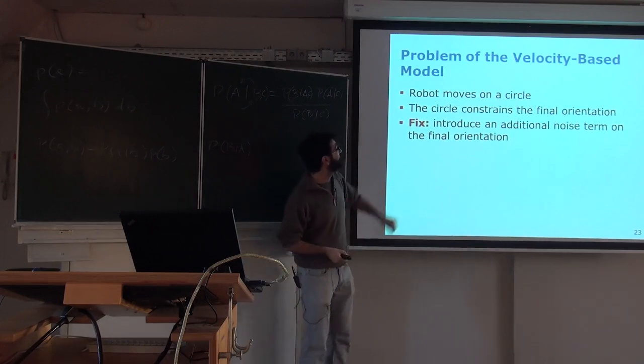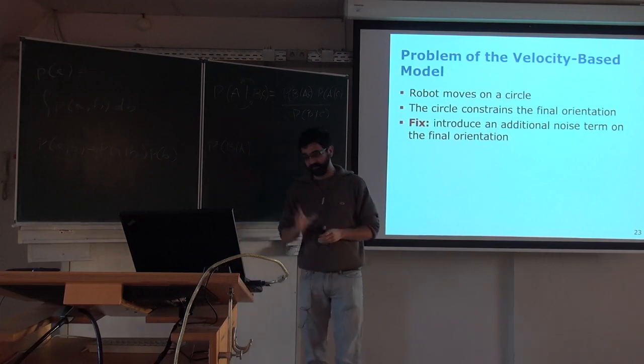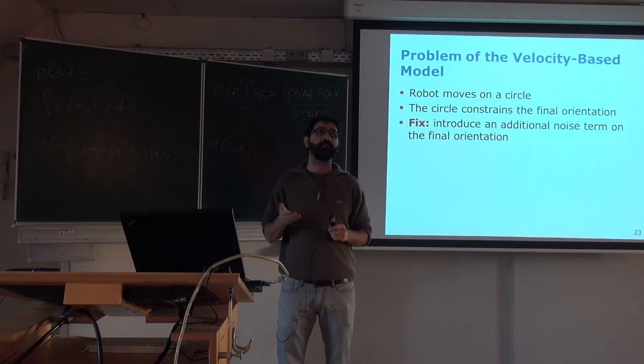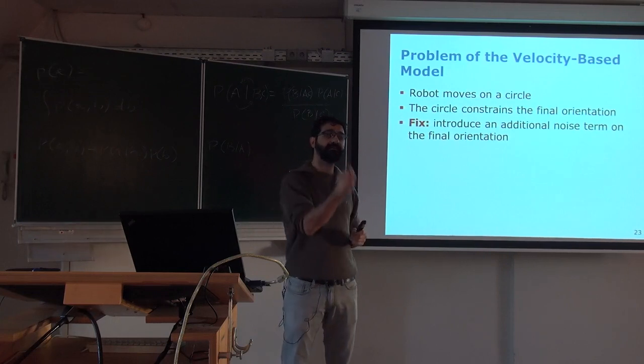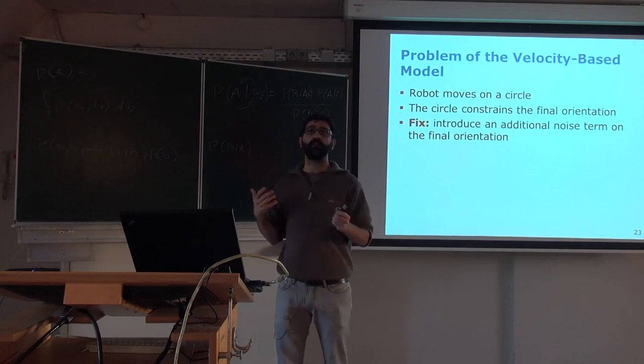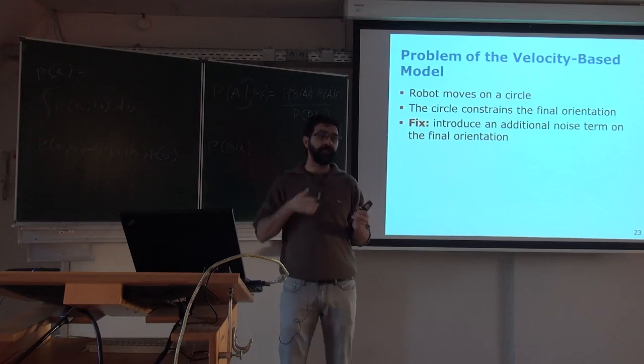Again, one problem here is that if you just do it blindly, it might happen that actually the robot did not end up in the exact final orientation, okay? And that's because the robot might slip over time, it doesn't do the perfect arc and so on.